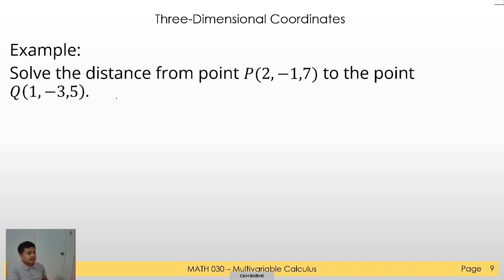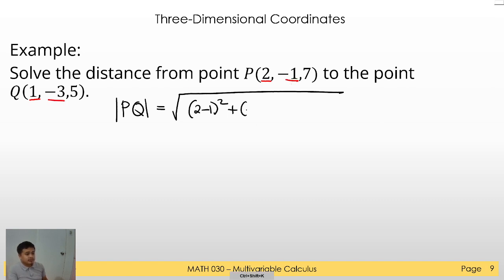To find the distance between P and Q, we have this formal notation, and this is equal to the square root of the sum of the squares of their differences for each coordinate. So we have 2 minus 1, squared, and then negative 3 minus negative 1, so be careful with the negative sign.